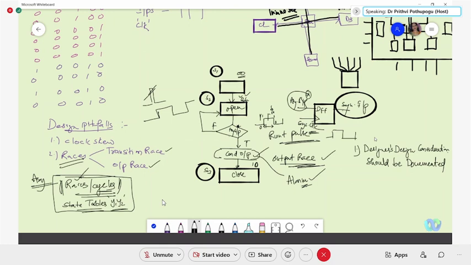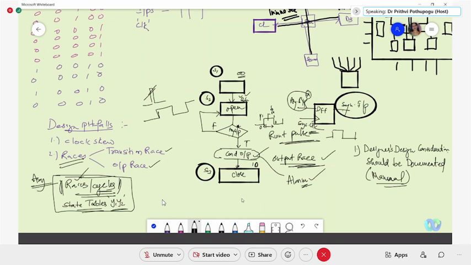So the best thing is we need to document all the design considerations or design parameters, what are the assumptions we have done, or what were the inputs that were considered, how that was defined while connecting and all. All this becomes the documented things, like what we say manual. We need to document our design considerations.